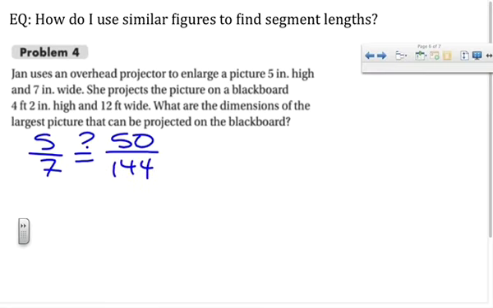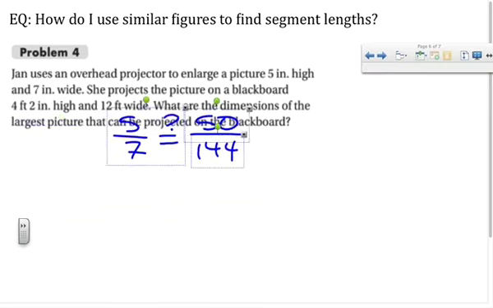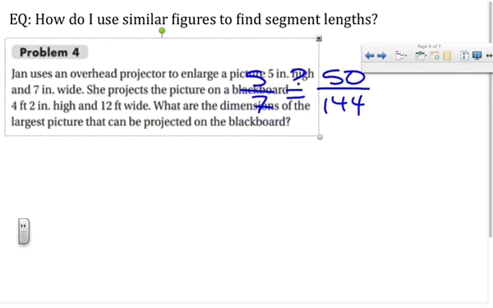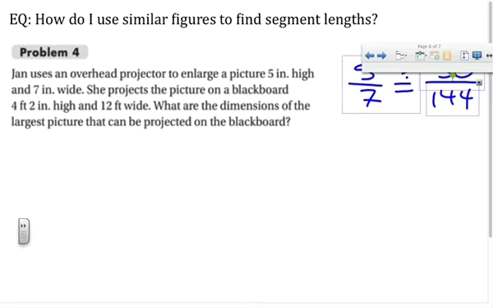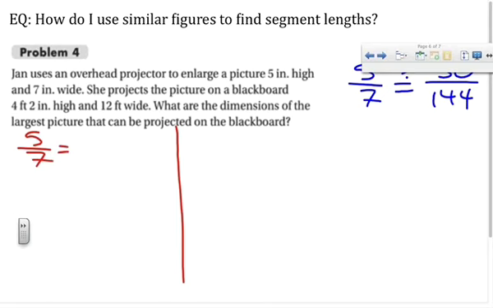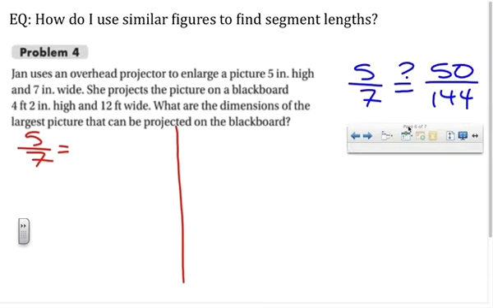So what we end up doing is setting up and solving two separate proportions. Okay, so I could take the 5/7 dimensions of the picture and enlarge the 5 to match the 50 and figure out what its corresponding width would be.